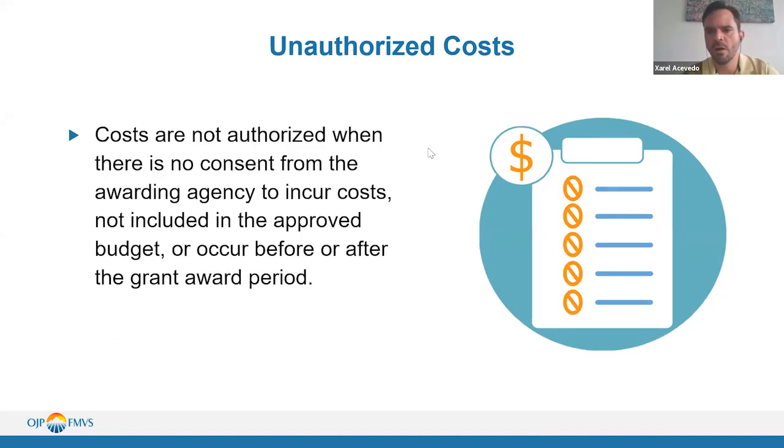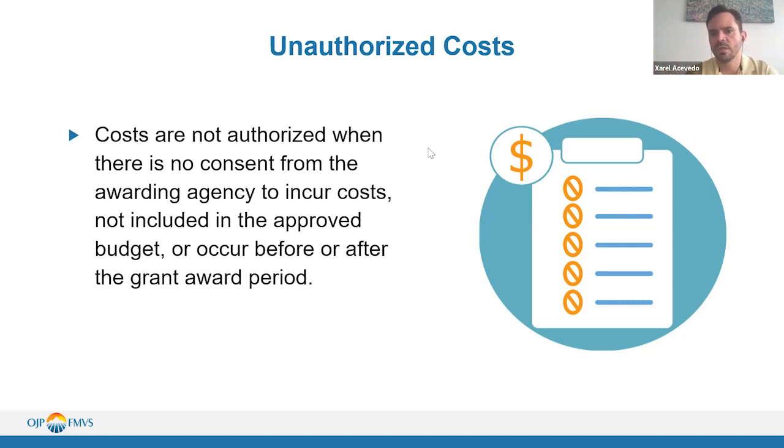All right, unauthorized cost. Okay, so unauthorized costs are when there's no consent from the awarding agency to incur costs not included in the approved budget or that occur before or after the grant award period. I think the key takeaway from this is that they were not in your budget, okay? They were never approved, so they were never authorized, okay?